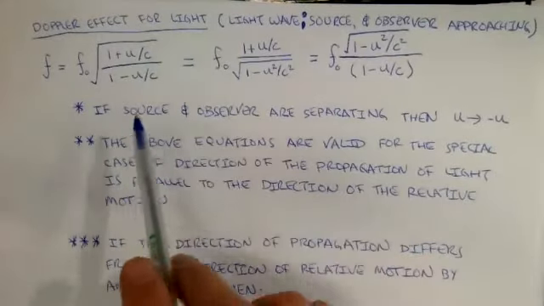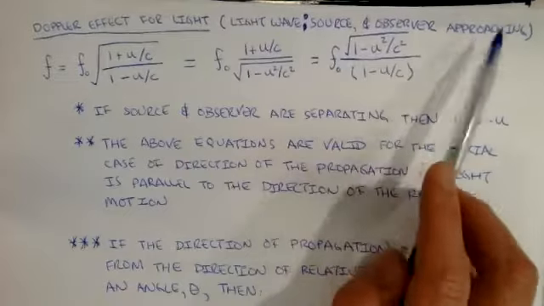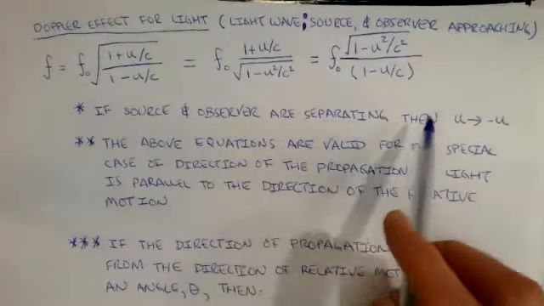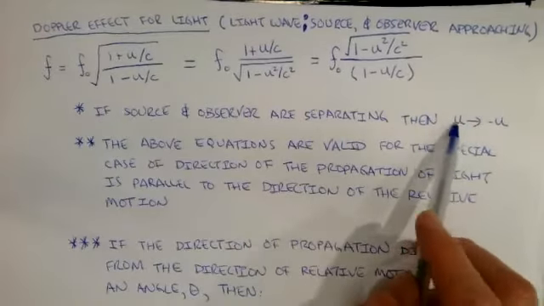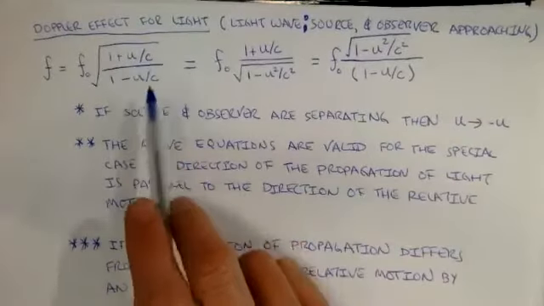Remember, this is for the case of the source and observer approaching one another. If the source and observer are moving apart from one another, then just sub out u for minus u. So everywhere you see a u, turn it into a minus u.